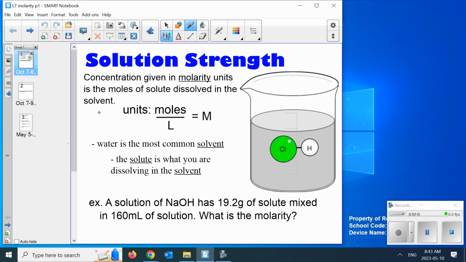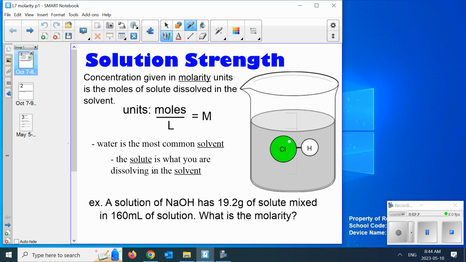So, water is the most common solvent. The solute is what you're dissolving in the solvent. We will stick to water in all of our calculations. So water does the dissolving, it's the solvent.